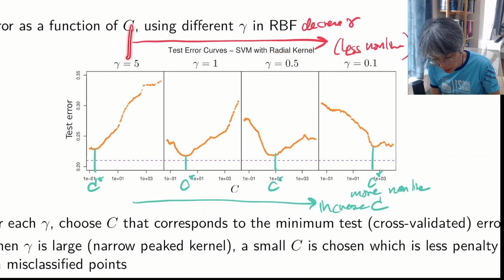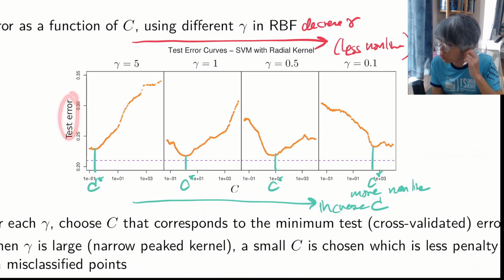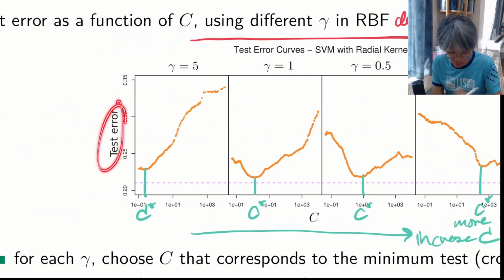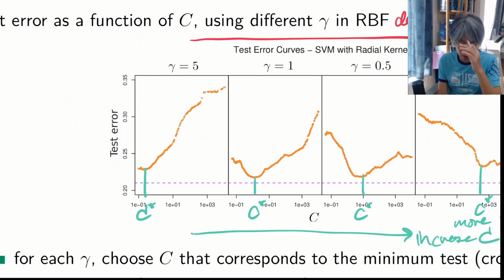For each value of gamma, you discretize the value of C. You use validation data, not the training data set, and you compute the cross-validation error. For classification, the error is just the complement of the accuracy.